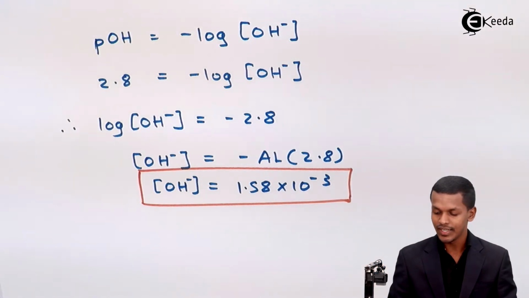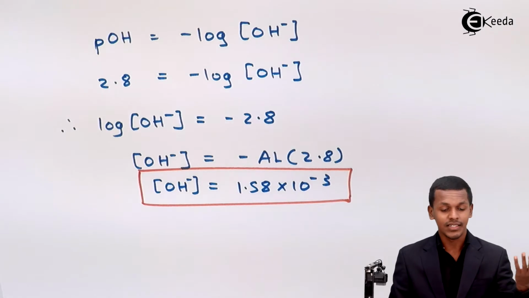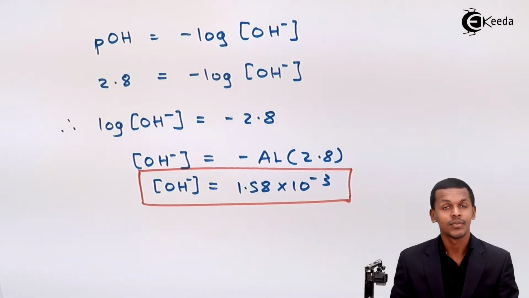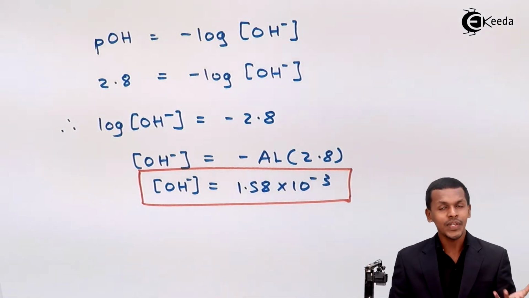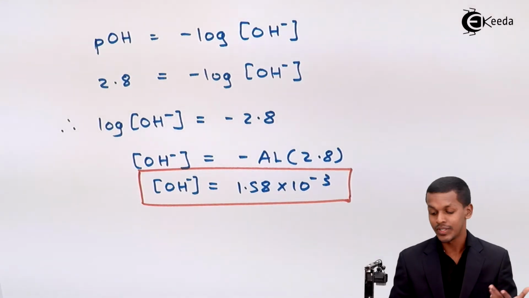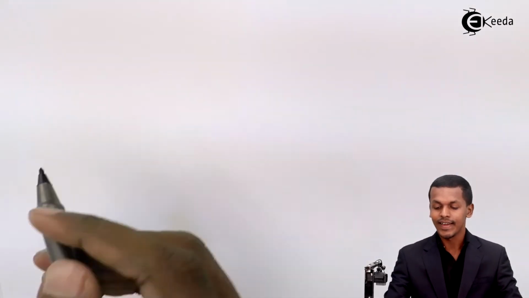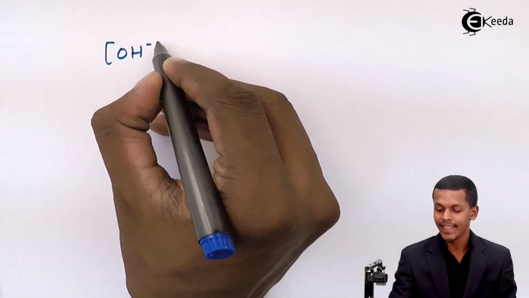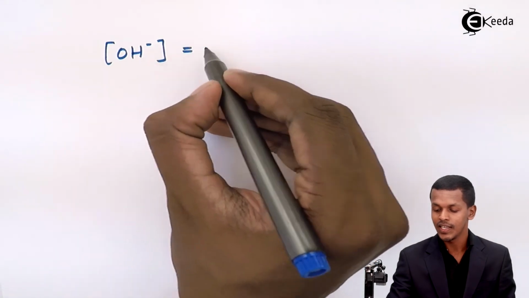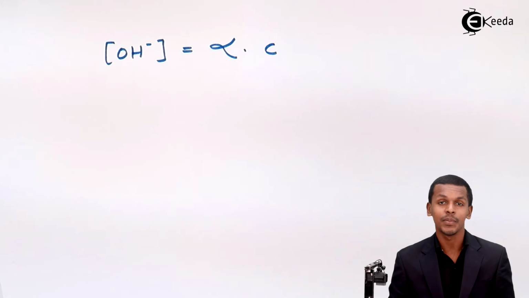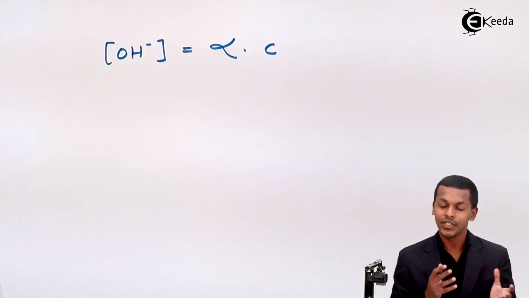This is in the solution that contains 0.02 molar of the monoacidic base. But we also have a relation between the concentration and the dissociation constant. The relation between the concentration of OH minus ion and the degree of dissociation is alpha into C, where C is the concentration of the solution.